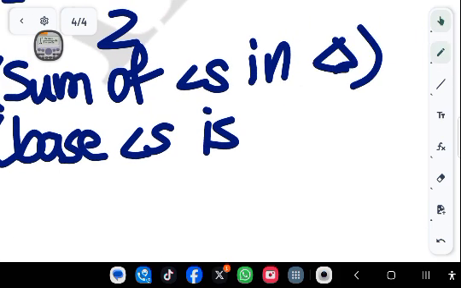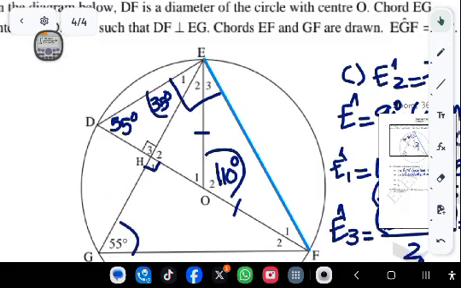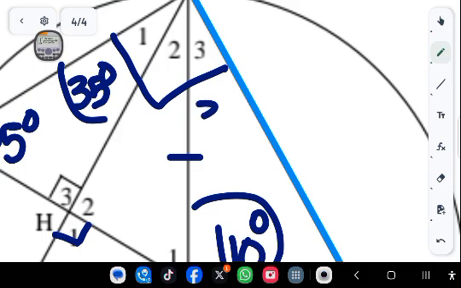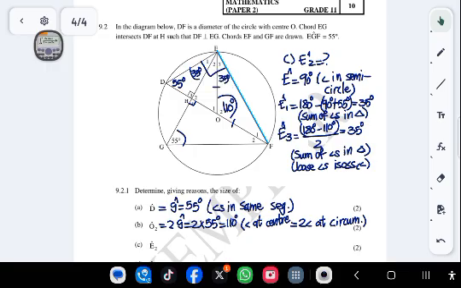It's up to you what you want to write. So that is 35 degrees. Let's pencil it in.